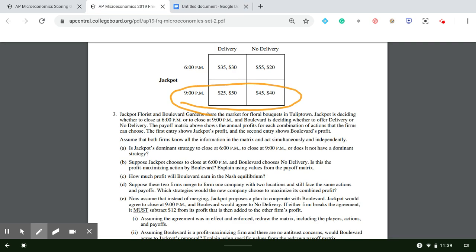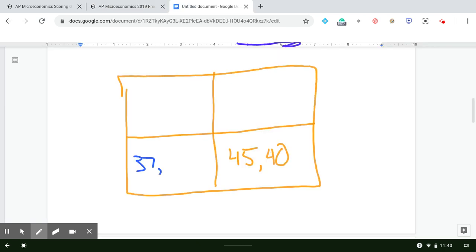Okay. And then that means Boulevard cheats, and usually they get 50, but we'll subtract $12 from this, and we will get $38.